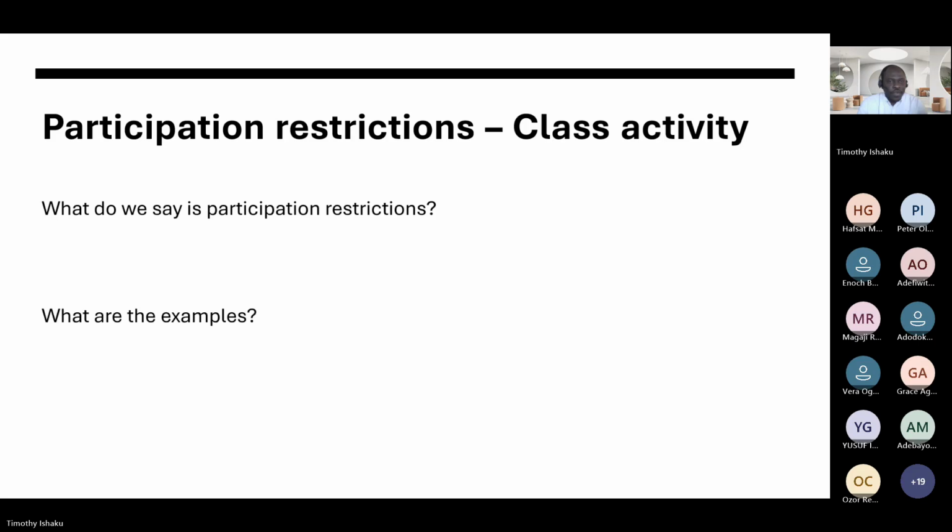Sometimes due to illnesses, family and society reduce the involvement of those people rather than encourage them. We reduce them.